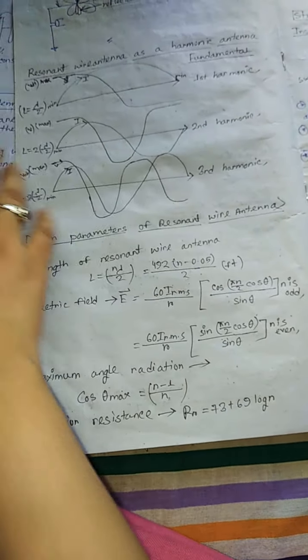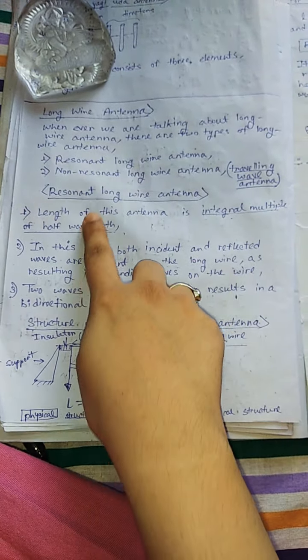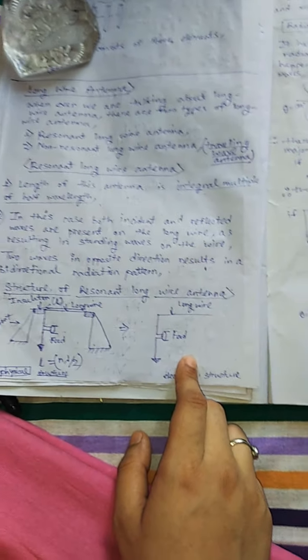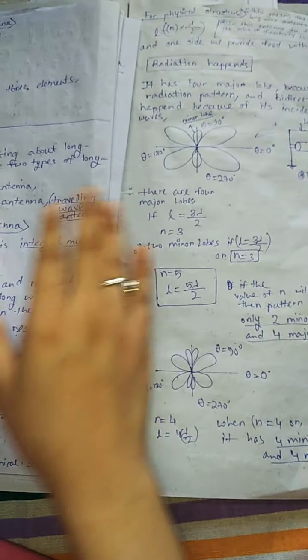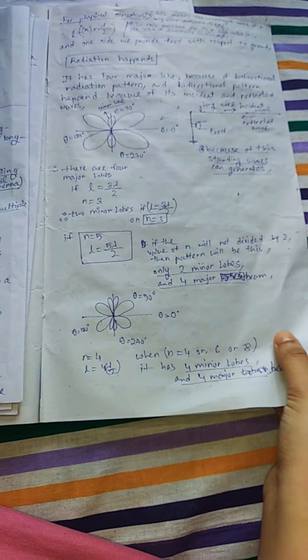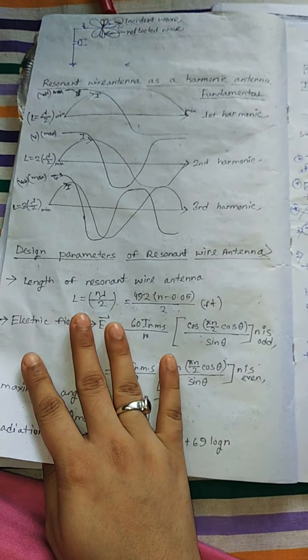So this is all about long wave antenna: the basics, the physical and electrical structure, how radiation happens, the resonant antenna as a harmonic antenna, and the parameters.